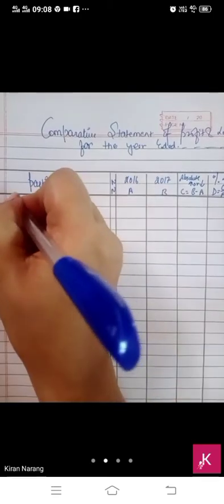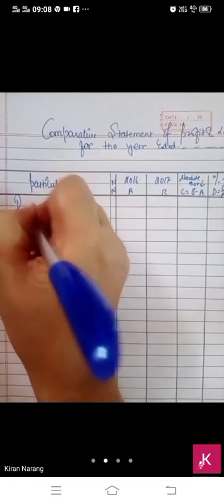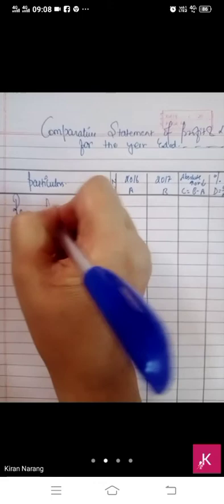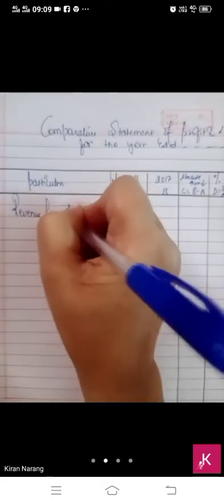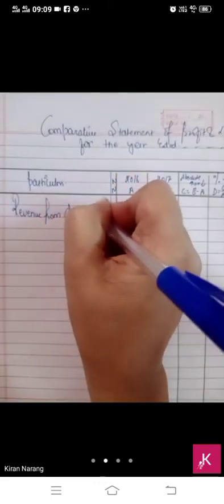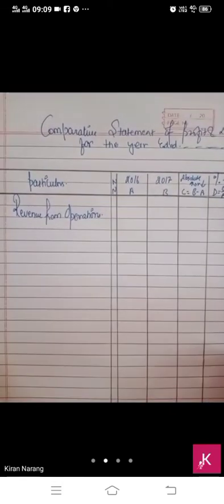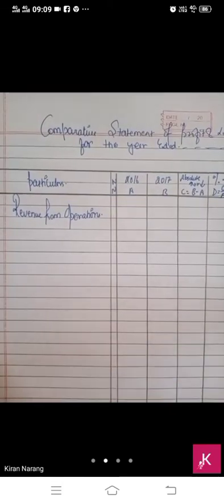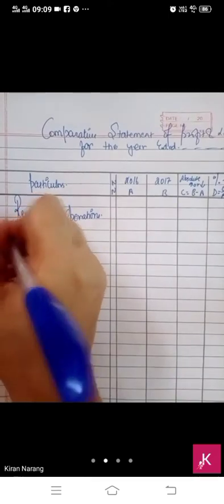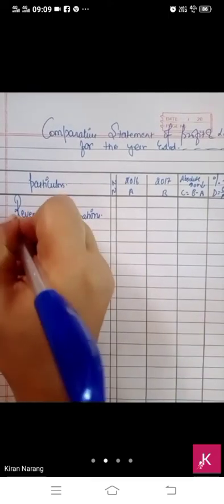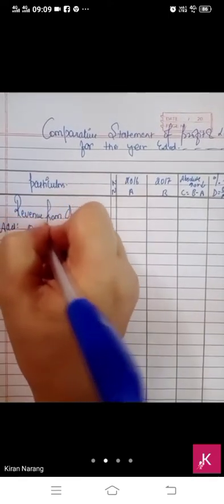We have to start with revenue from operations. But this is another name of sale. Whatever we have sold from our business, that is revenue from operation. And sometimes we earn other incomes also.